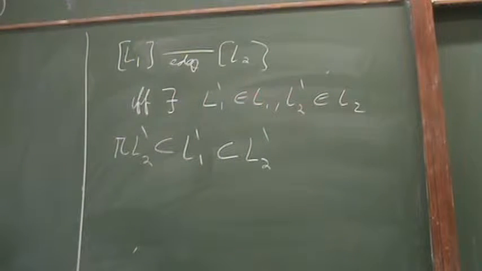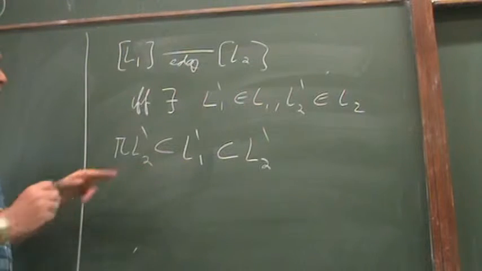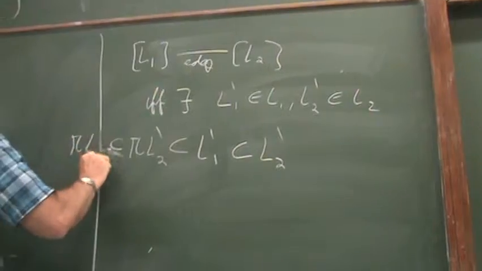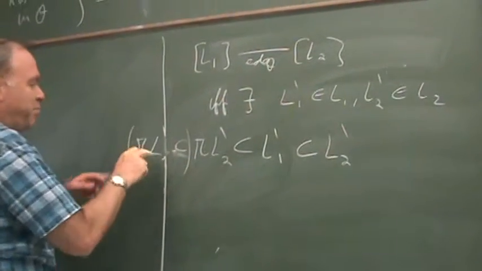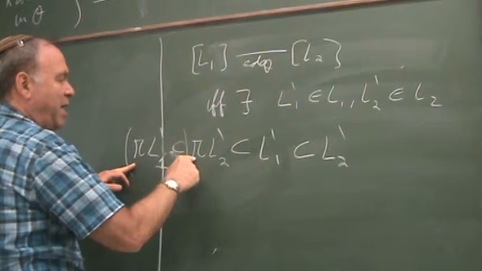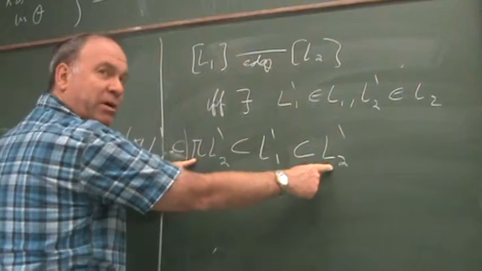Why is it clear that this is an if and only if? Because in my definition maybe I can switch the order, but if we just think about it between two, this is clearly a symmetric relation. Why? Think about it. If I write pi of L1 prime, pi of L1 prime is clearly inside pi of L2 prime, because L1 prime is inside L2 prime.